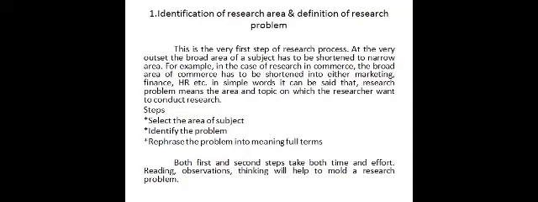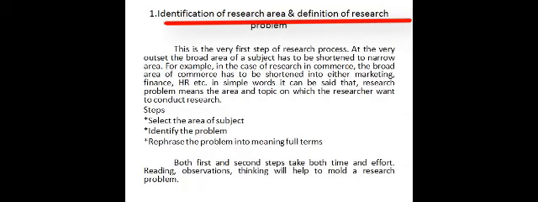The first step of research, that is identification of research area and definition of research problem. This is the first step of research process. At the very outset of research, the broad area of subject has to be shortened to a narrow area. That means the macro level of subject should be made as micro level.